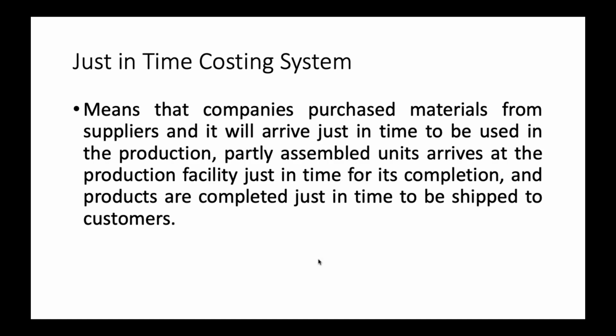Also, some assembled parts will only be ordered and delivered directly to our production area just in time it will be needed. So that when we produce our goods, they will be finished and delivered just in time the customer needs them to be delivered as well.